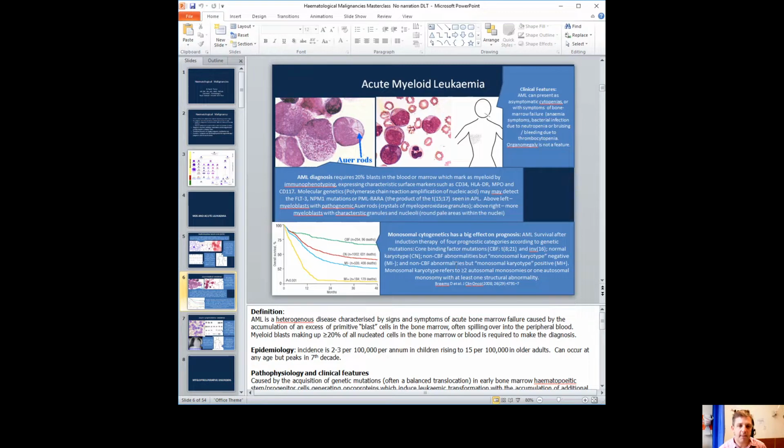But if they're fit and previously well, we would usually use induction chemotherapy, high dose chemotherapy, bring them into hospital, get them into remission with a month's worth of treatment, and then reassess the marrow, maybe go on and give 2 or 3 more cycles. And if they were young and very fit and had a certain prognosis from their myeloid markers, then we would think about an allogeneic transplant, a transplant from someone else.